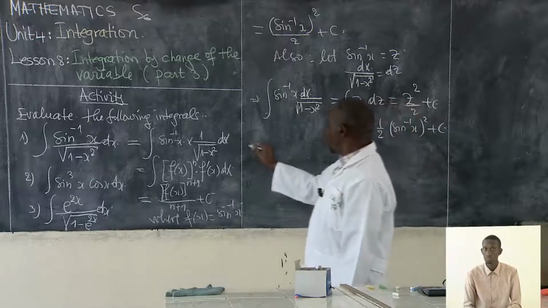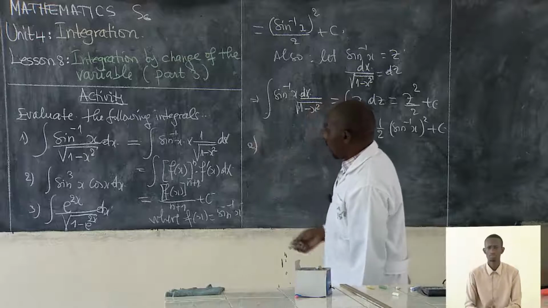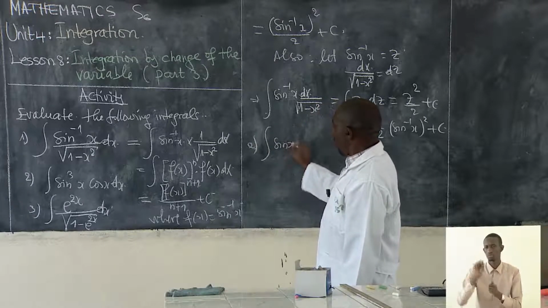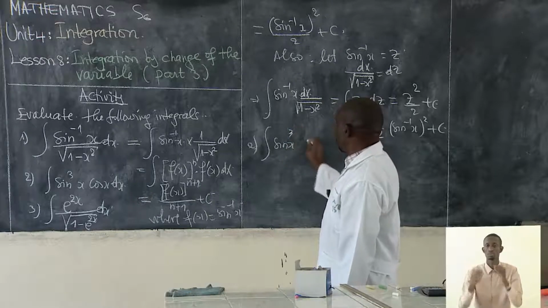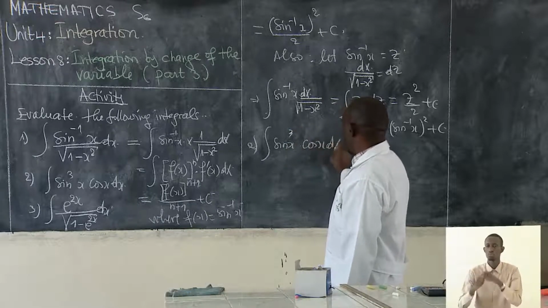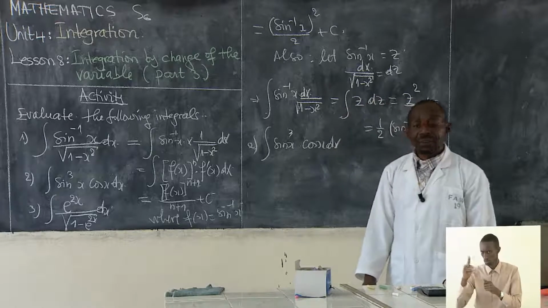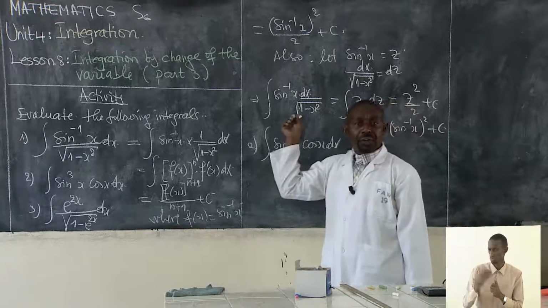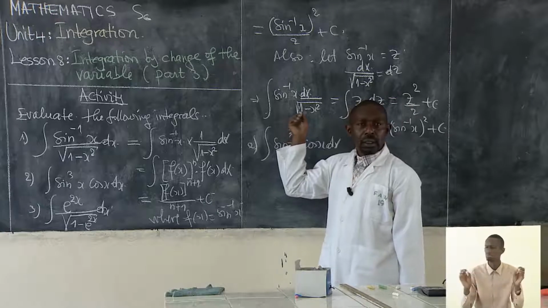So for number 2, the integral of sine x cubed times cosine x dx, if you observe, this integral is not different from the previous, isn't it?